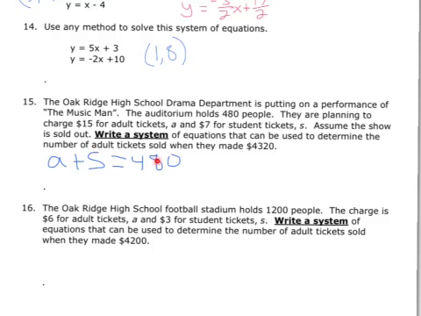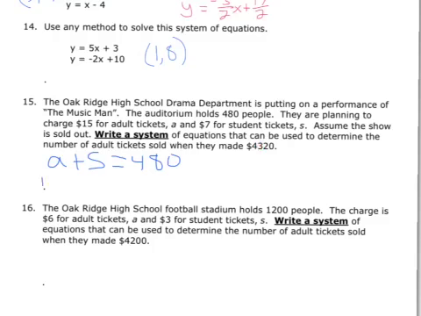Okay, now for the second equation, we can see that they're charging us $15 for adults and then $7 for students. With the combination of adult tickets and student tickets sold for those prices, together it made $4,320. So we're going to take the money times each adult ticket, so $15 per adult plus $7 per student equals the 4,320.